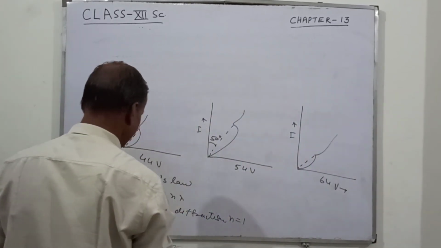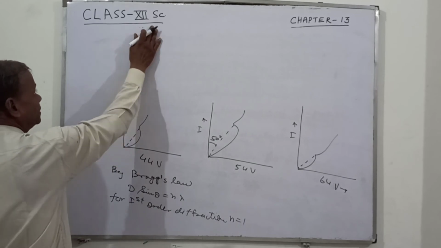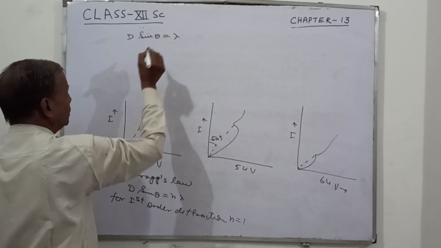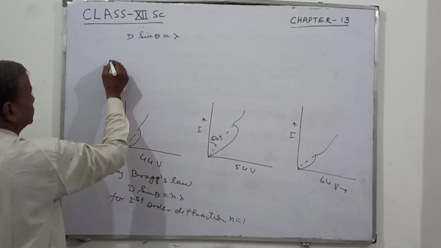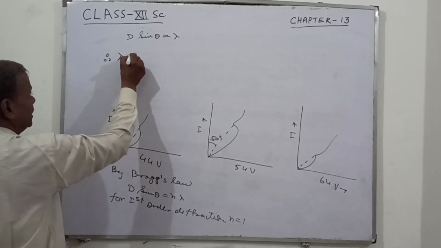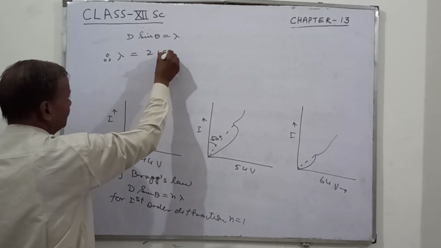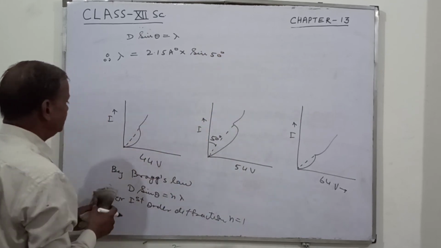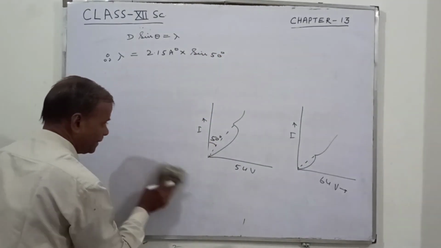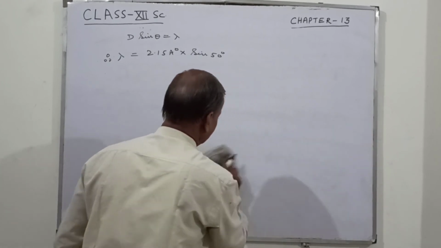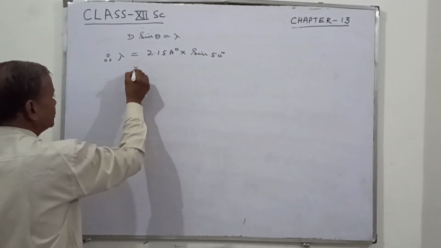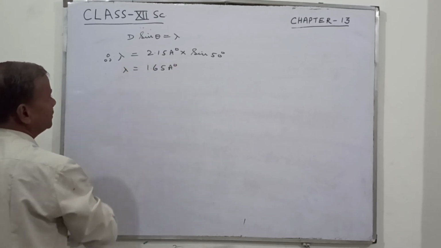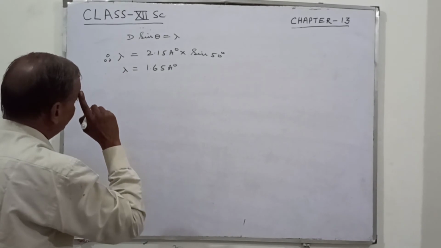So now we are left with d sin theta equal to lambda. Therefore, lambda equals d, which is 2.15 angstrom, times sin 50 degree. So if we put the value, then it is found to be 1.65 angstrom. This is now lambda, the experimental value.